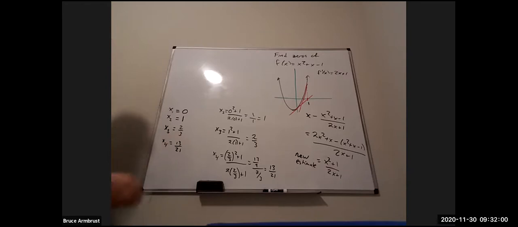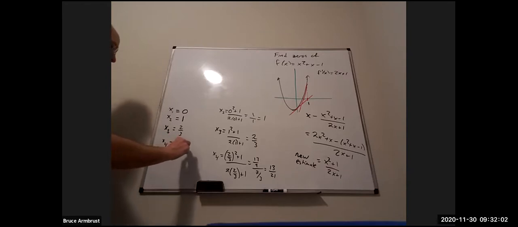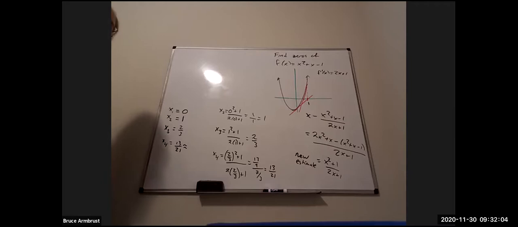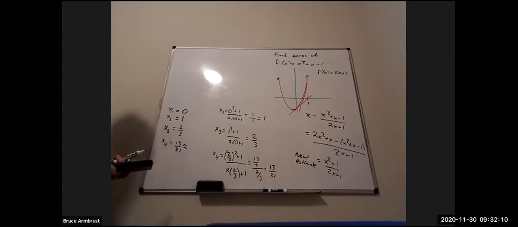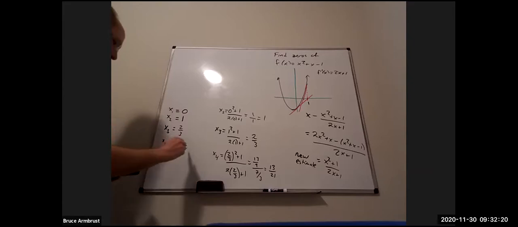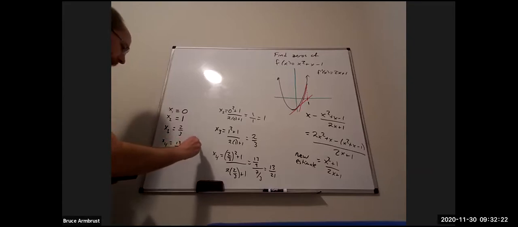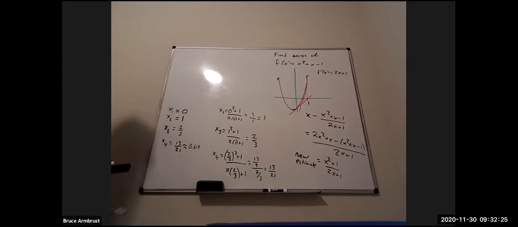Okay, so that's my next better guess. Let's get a decimal approximation for that, because at this point, you're starting to not really get a feel for what 13/21 is, right? Like, you know what 2/3 is, 0.6 repeating. So this is 0.619. There's some other stuff around it.